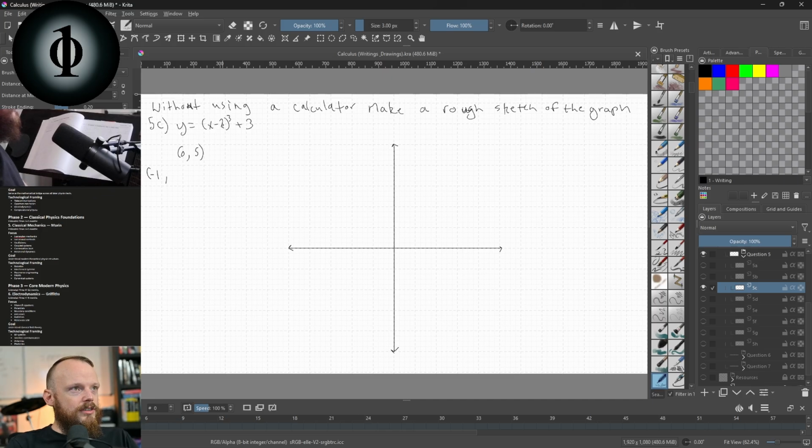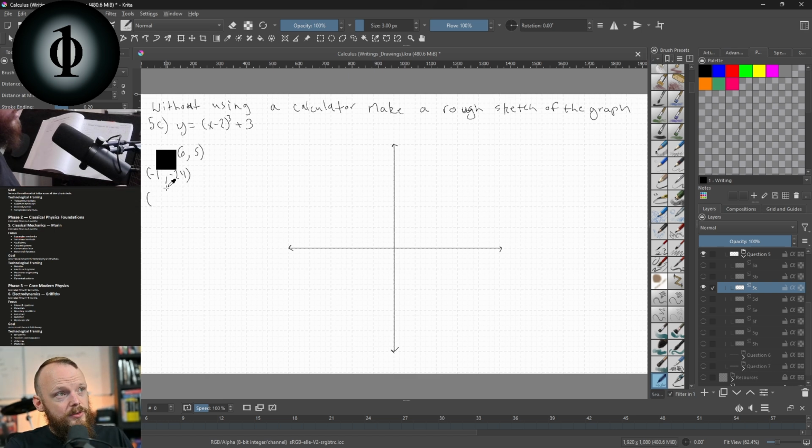All right, -1, -3. So -27 plus 3, -24. -2. See, we're already off the bounds of what I can capture here. It's okay. We're just sketching. So that's what we'll do.